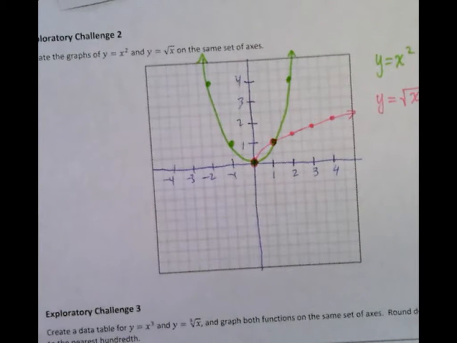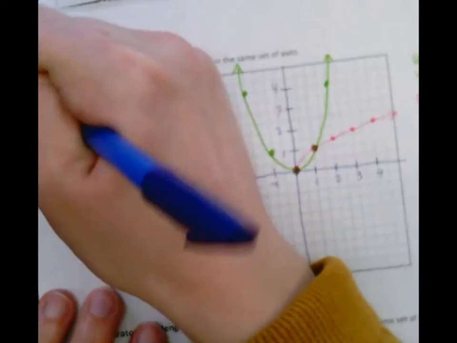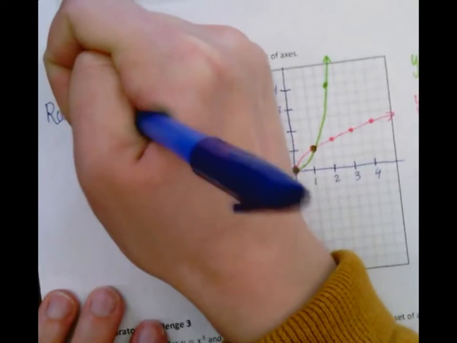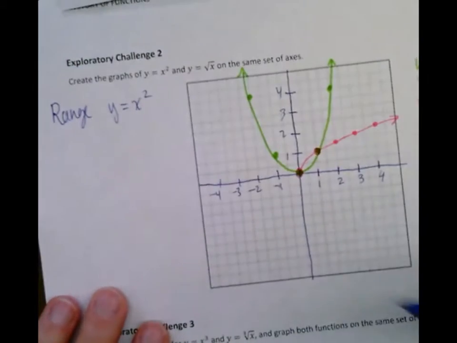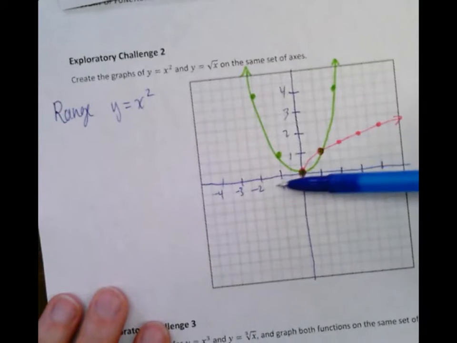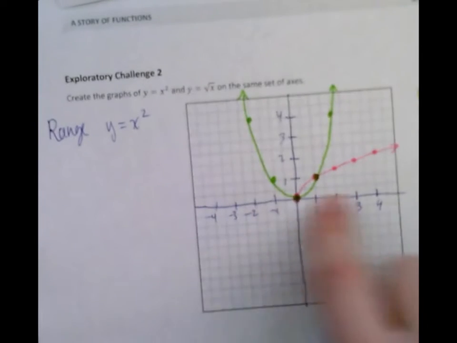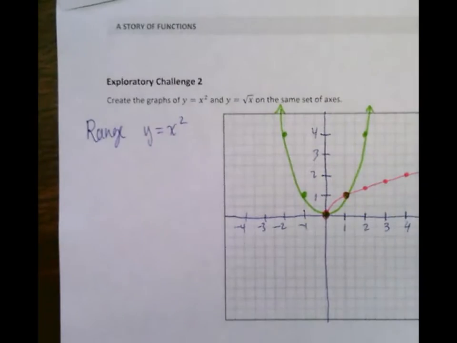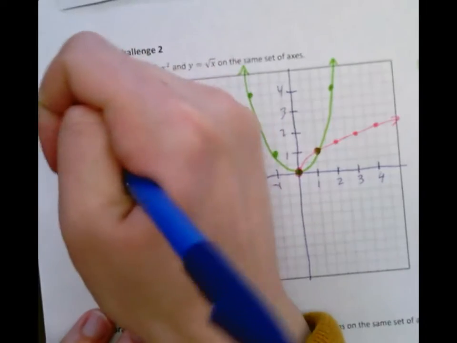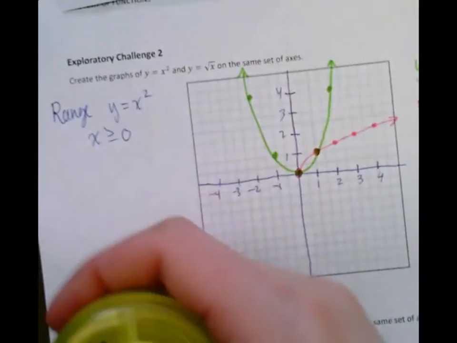Okay, so what about our range? Well, the range for y equals x squared, if you take a look, the range is your set of all the y values. We see we have nothing below the x-axis. There are no negative y values. So our range here is going to be y is greater than or equal to 0.